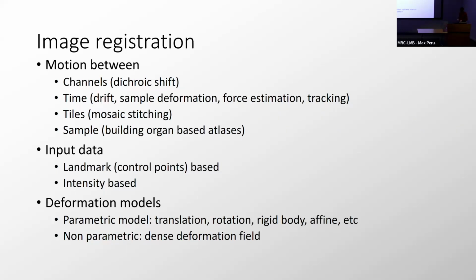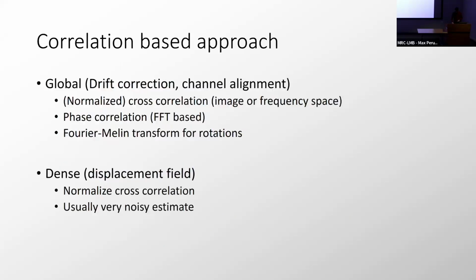So this is a lot of data, whereas the parametric model is a very compact way to represent deformation. Depending on what you expect has happened to your image, you would have to choose one of these two model approaches, one of these two kinds of input, and then go for the algorithm which works for these.